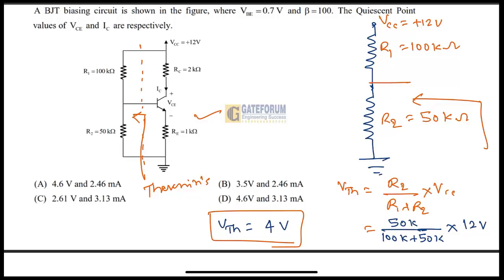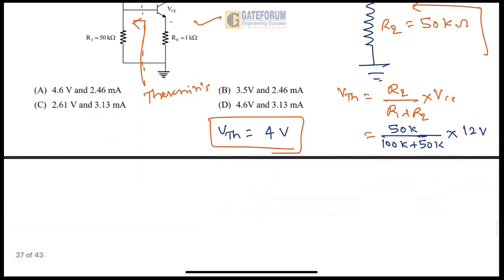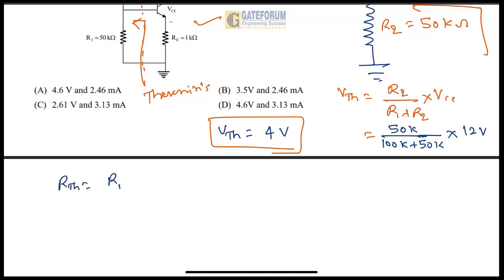And now we have to calculate RTH. So RTH will be what? As per the procedure of Thevenin, we have to consider all the voltage sources to be at ground, so that R1 and R2 will be parallel to each other. So RTH is equal to R1 parallel to R2.